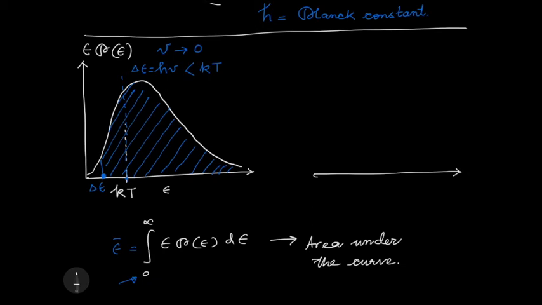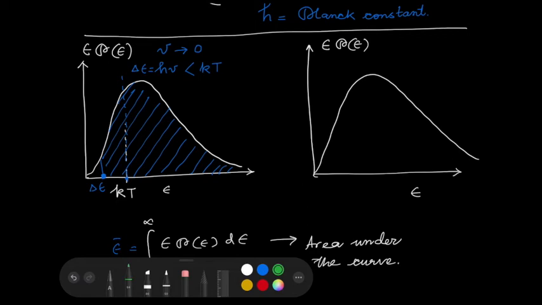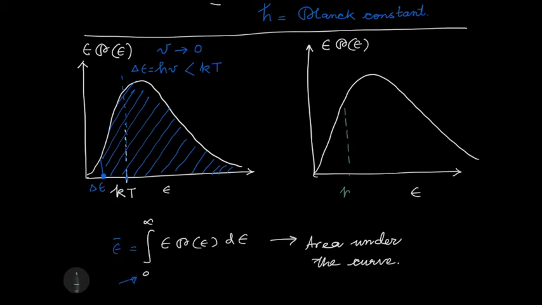But what happens if I have nu very large? So I'm plotting the epsilon curve again here, and say again kT is now somewhere here, and we are talking about nu tends to infinity, which is nu very large.